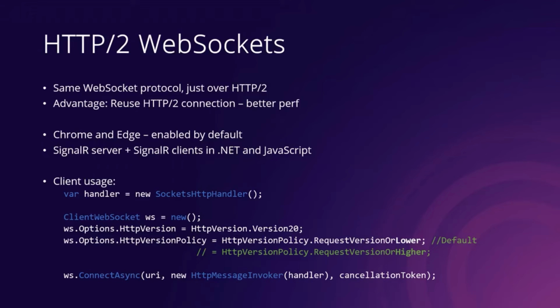How would you use it on the client? Using our client WebSocket APIs, it's slightly different than the traditional HTTP 1.1 WebSockets, because you need to pass us the HTTP client or the HTTP client handler, which in this case is SocketsHttpHandler. The reason is that for HTTP2 WebSockets to be really useful and give better perf, we need to share the connection.